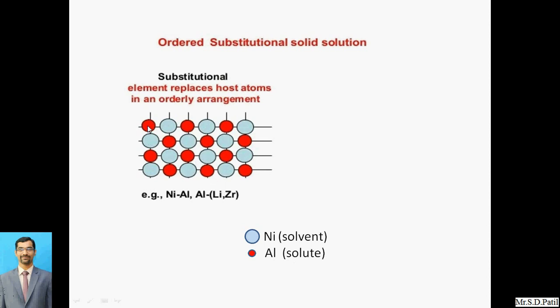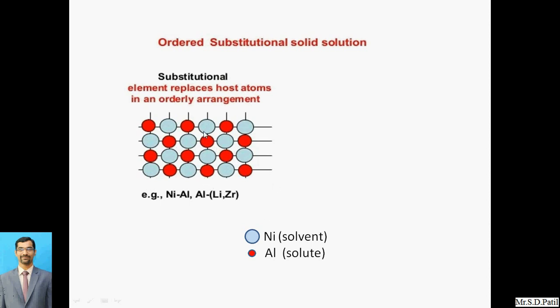So the order will be the same here: first, third, here second, fourth, here first, third, here again second, fourth, here again first, third. That position I am telling, not exactly the same, but the arrangement of that particular solute is in the ordered structure: first, third, second, fourth, likewise.